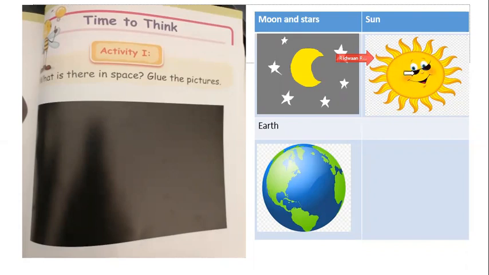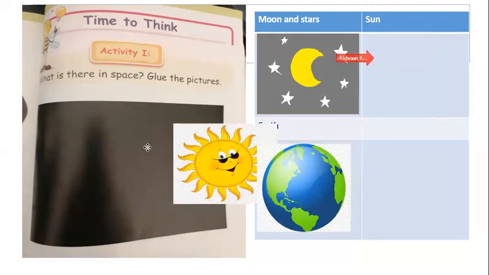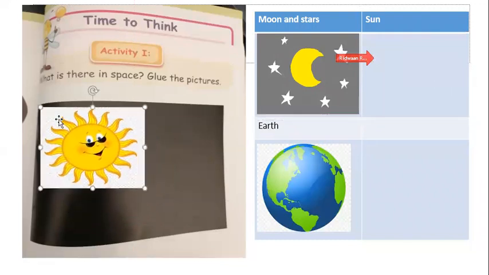So I am going to stick my sun. I am going to stick my sun in space. Good. What else do we find in space? The moon and the stars.